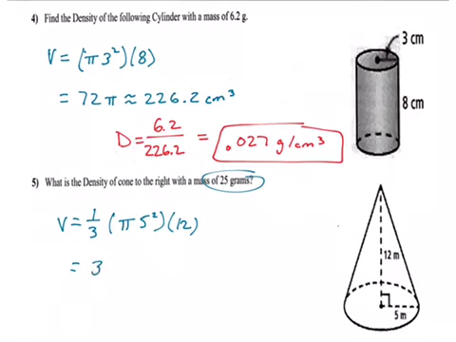We get the volume to be right around 314.16 meters cubed. Then to find the density, we take the mass, in this case 25, divided by the volume of 314.6, and we get the density of this cone to be 0.08 grams per meter cubed.